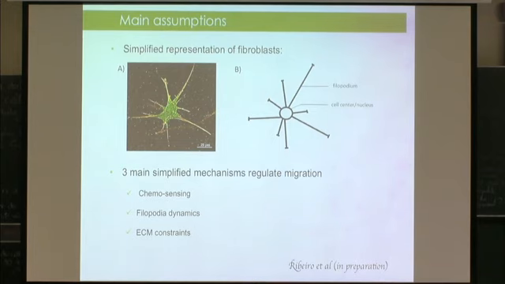Our model will have this kind of behavior of the cell, so we are going to represent the cell center, and later we have to create different kinds of branchings, and we are going to incorporate three main mechanisms: chemosensing, later filopodia growth, contraction and retraction and protrusion, and later we incorporate the constraints of the extracellular matrix.